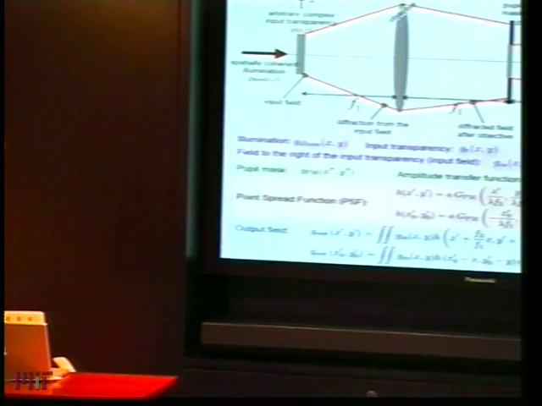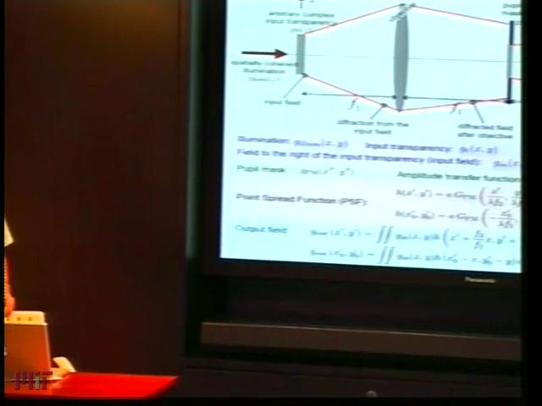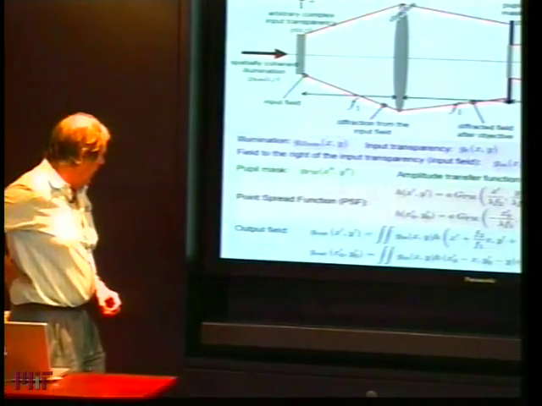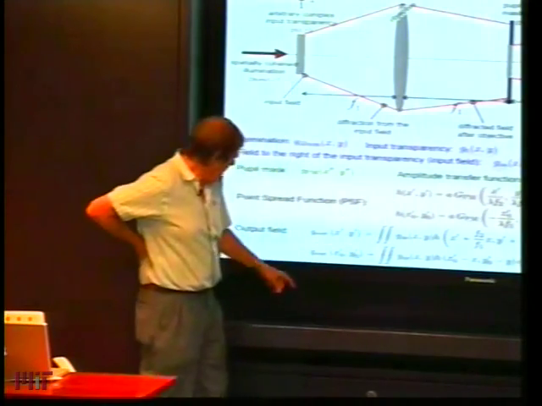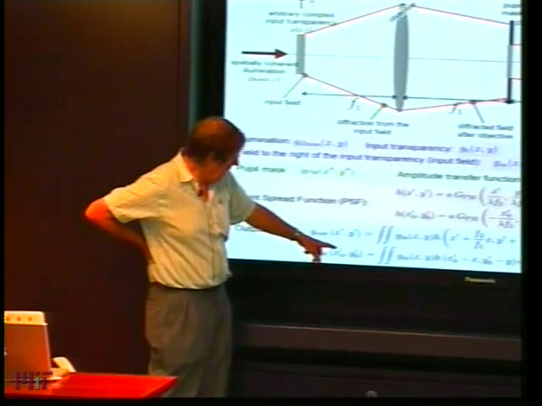Then your output field is going to be your input field convolved with the point spread function of the system. Notice that there are two versions of this described here: one in terms of x dashed and one in terms of x naught dashed.